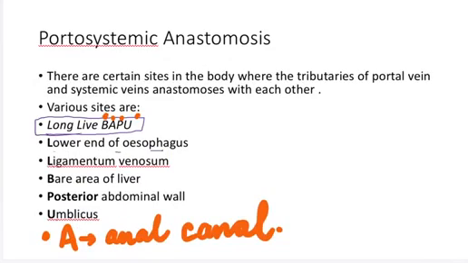Okay, so the mnemonic is long live Bapu. What are the sites? Lower end of the esophagus, ligamentum venosum, bare area of the liver, anal canal, posterior abdominal wall, and umbilicus.